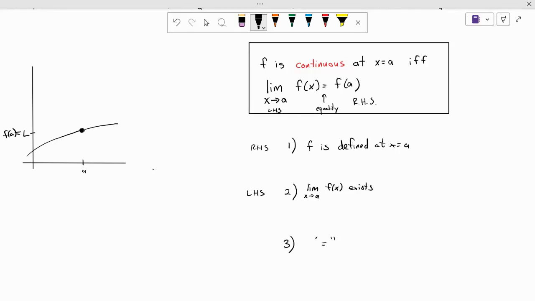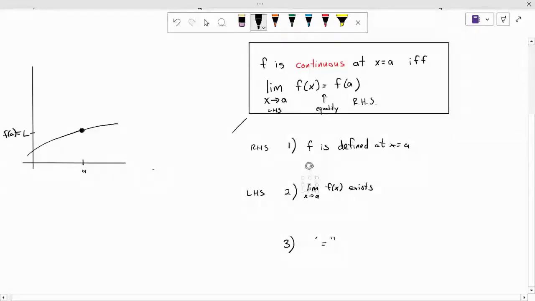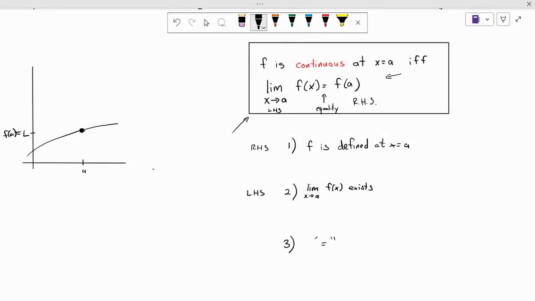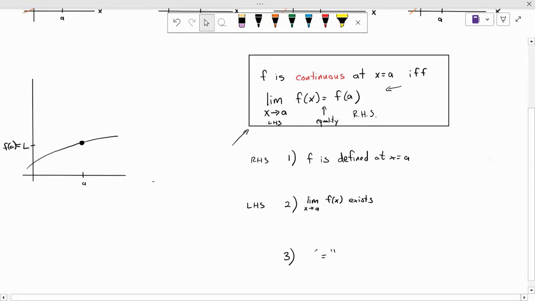It should not be a hole. That's right. So when we say that f is defined at a graphically, there should not be a hole. So the limit is like anticipation, and what the function does at a is like culmination, and you want those to agree to have continuity.